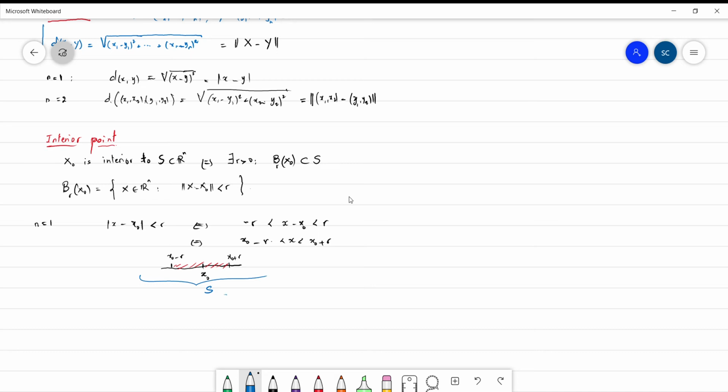Okay, we want the whole interval (x0 - r, x0 + r) included in S. We don't need just one x0 and a few points; we need the whole interval.